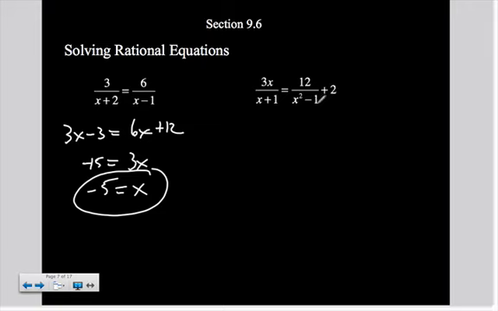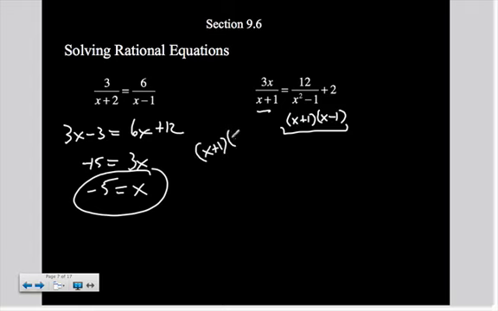In this case, I want to multiply both sides by the least common denominator, so I'm going to factor this denominator. Difference of two squares. If I take that denominator, this is already in that. X plus 1 I've already used, so I don't have to use that. This has a denominator of 1, so that doesn't have anything to do with it. So I'm going to multiply both sides of the equation by this.